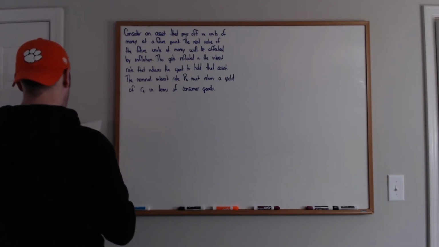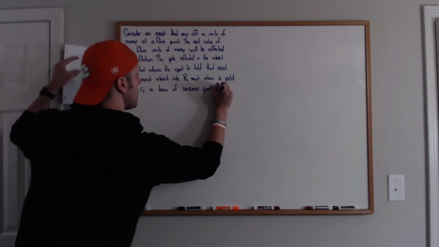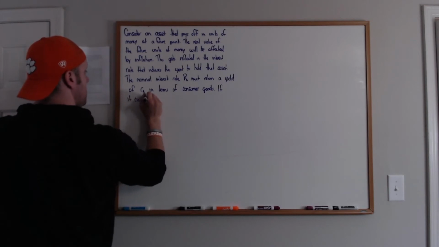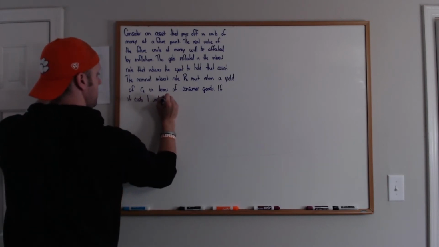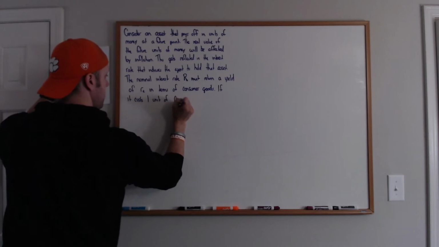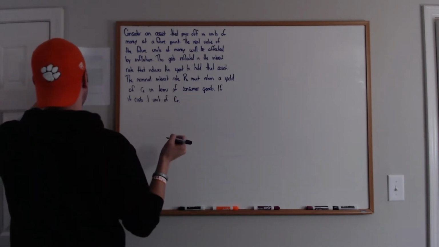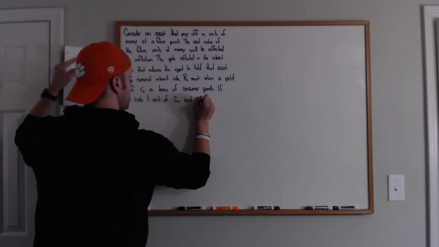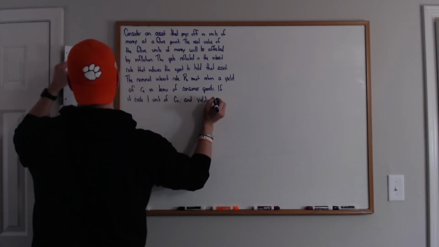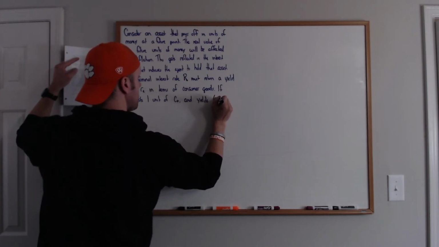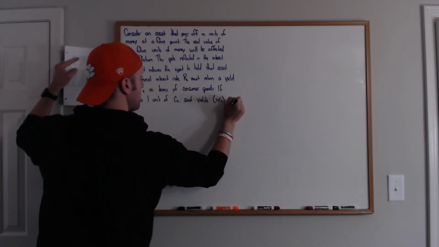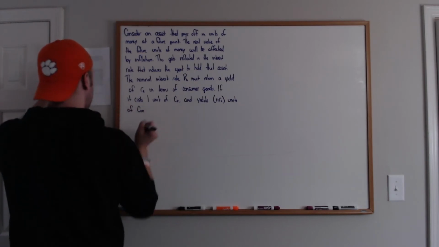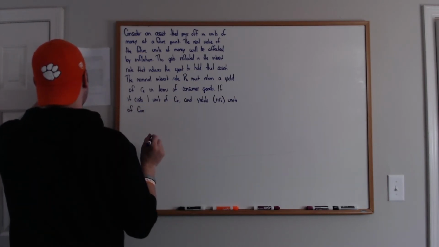So if it costs 1 unit of consumption today, we'll say C_t, it yields 1 plus r_t units of C_t+1.